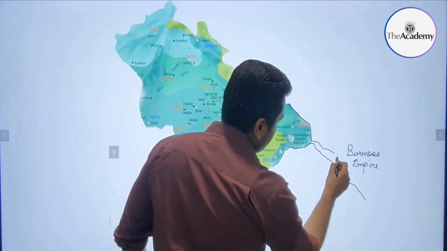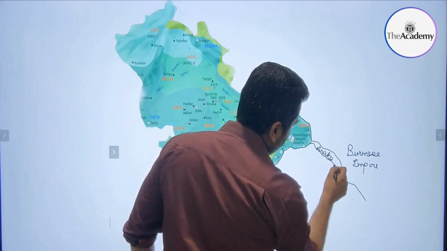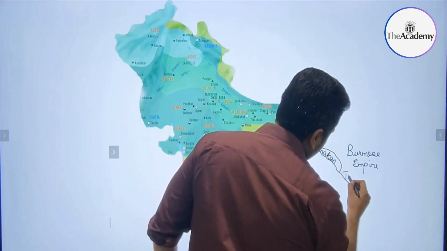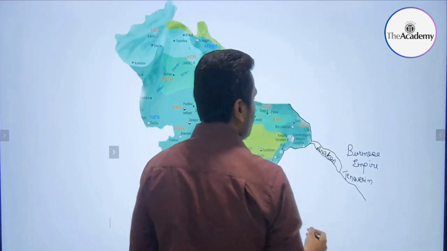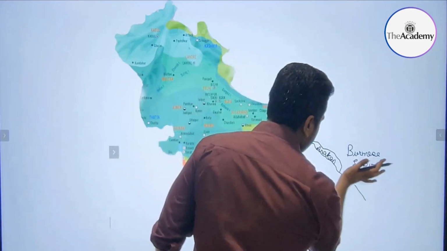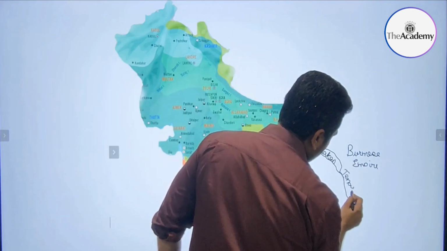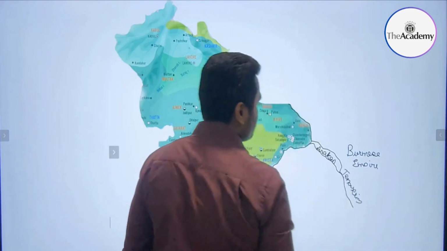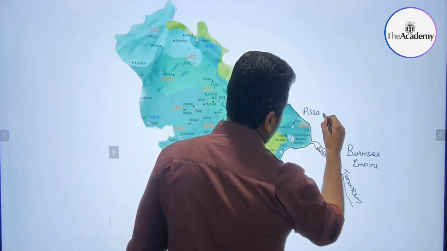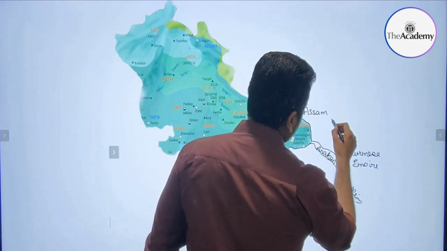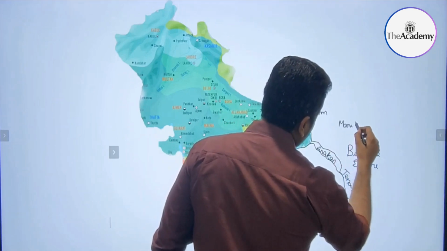So this would be the region of Arakan, and this would be Tenasserim. This would be the region of Assam. This would be the region of Manipur.